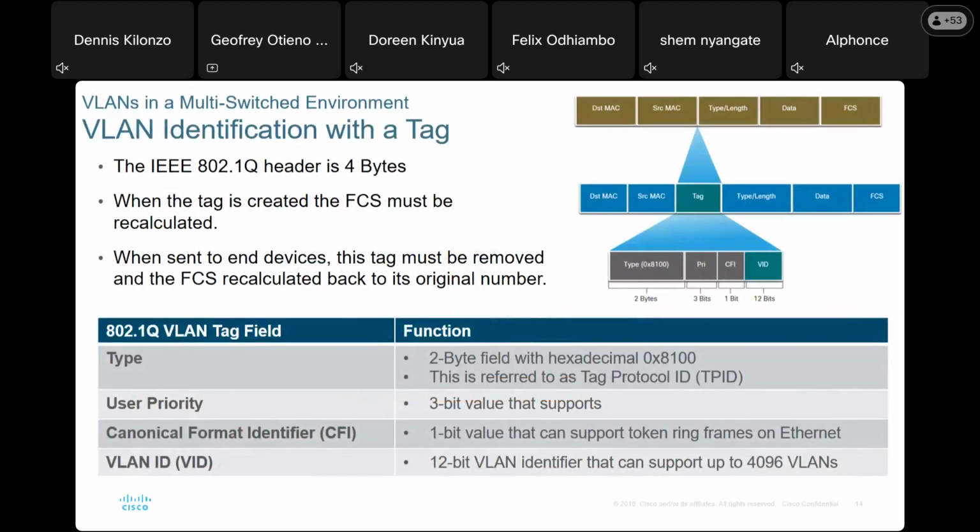We have talked of the trunking protocol, and each of those VLANs needs to be identified with a tag. Of course, you are known, even though you are in different areas, different ministries, different departments, but you can easily be identified with your tag, the work ID that you have.